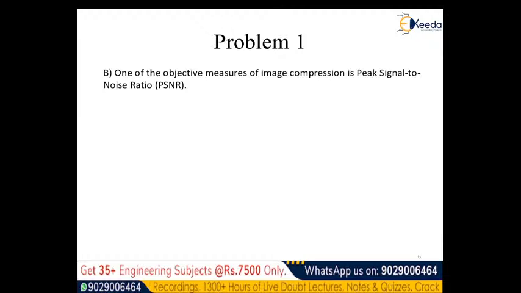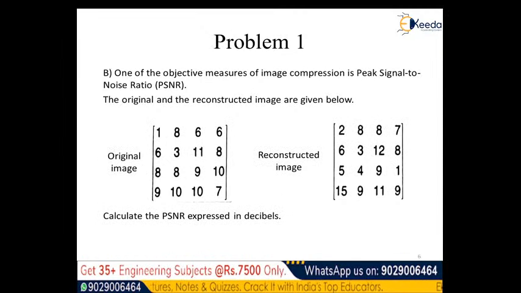So part B: one of the objective measures of image compression is PSNR, that is peak signal to noise ratio, and we have been provided the original image and the reconstructed image, both of order 4 by 4, and we have been asked to calculate the PSNR performance metric, expected in decibels.